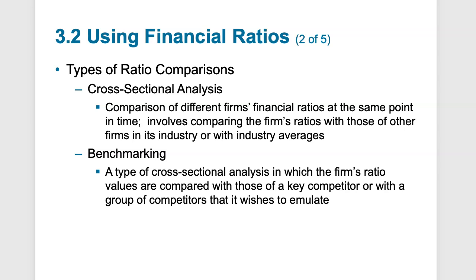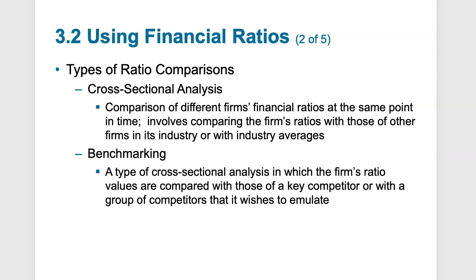Benchmarking is a type of comparison where we're looking at just the company's financial ratios over a specific period of time in comparison to a key competitor or a group of competitors. Sometimes when we do this benchmarking, we might take the industry average. Say there's 10 stocks within the industry, we can create an industry average, and we can use that as a benchmark.